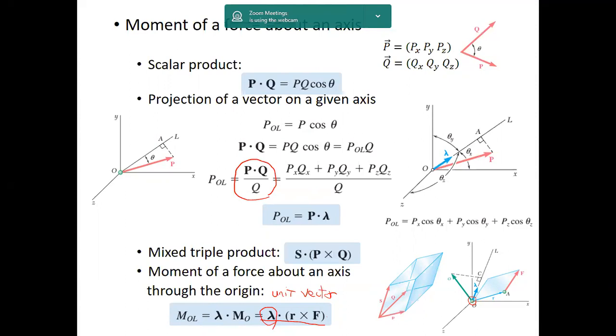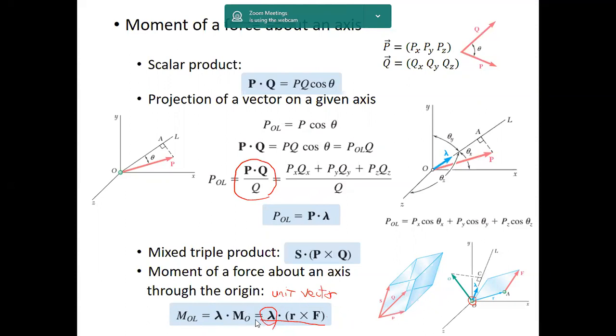But back to this triple product, this is a mathematical representation of the moment. So this R cross F would give you the moment about the point, and if you make a dot product, you're actually projecting that moment on a given axis. That axis is represented by this unit vector lambda.